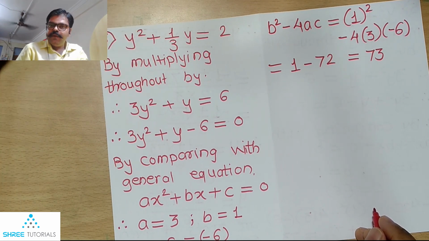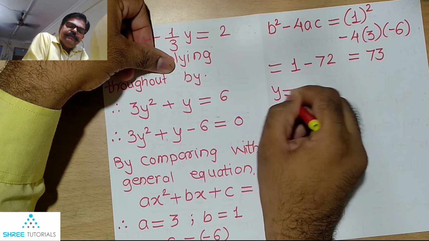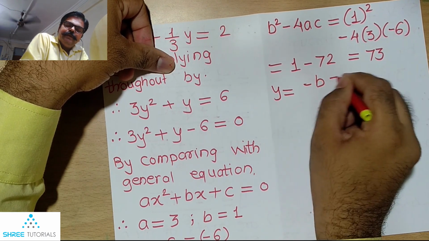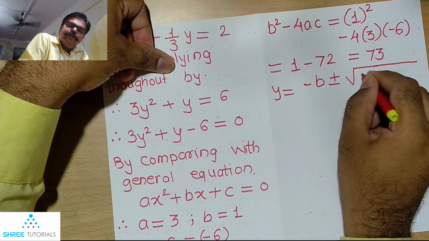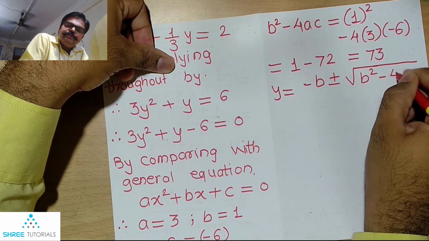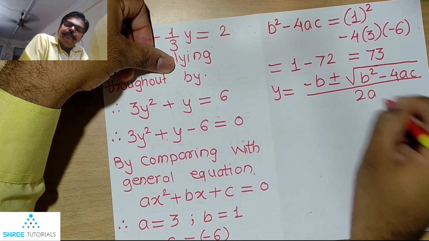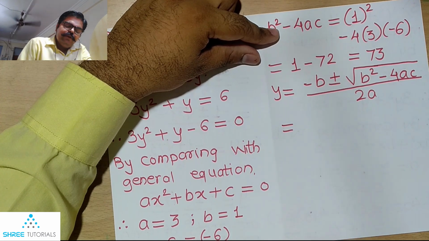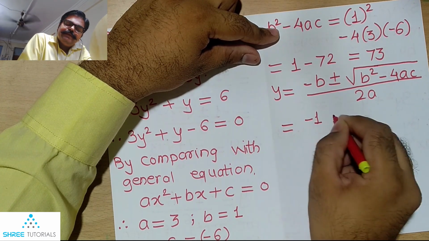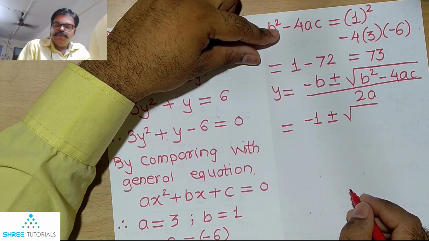Now we are going to write down the formula. The formula is actually y is equal to minus b plus minus root of b square minus 4ac, divided by 2a. The value for minus b will be minus 1 plus minus root of b square minus 4ac.